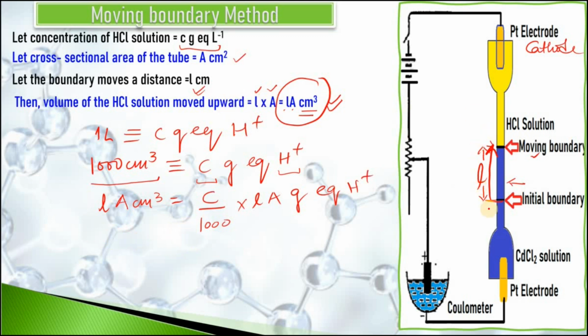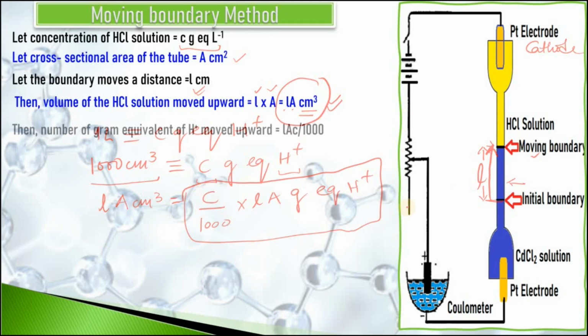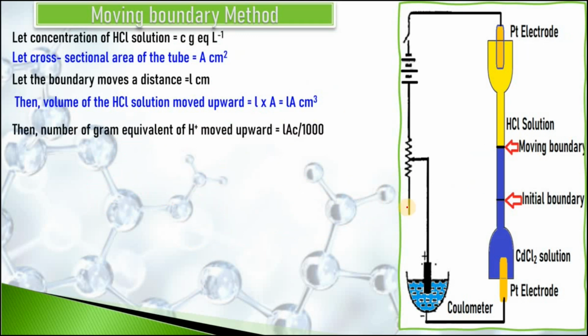That means when the boundary moves to a distance of L, these many gram equivalents of hydrogen ions have moved upward. So the number of gram equivalents of hydrogen ions moved upward is equal to L into A into C upon 1000. Now, the second law of electrolysis states that 1 gram equivalent of any substance carries 1 Faraday of electricity.